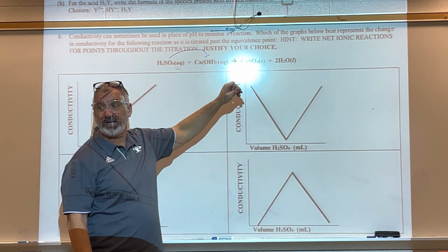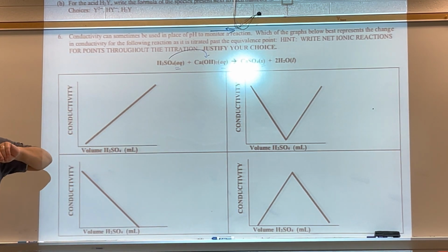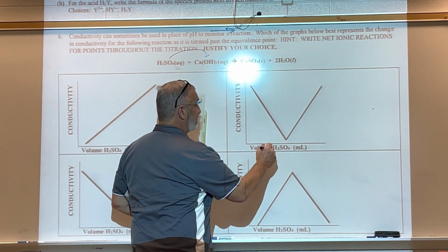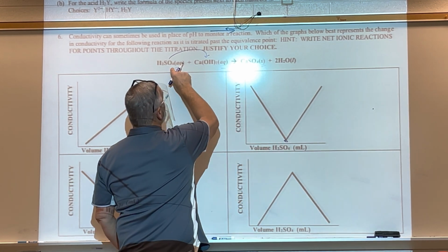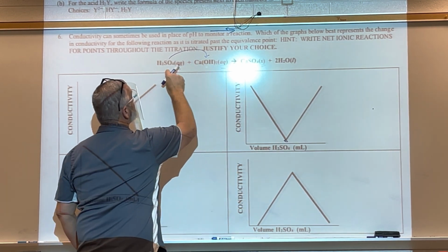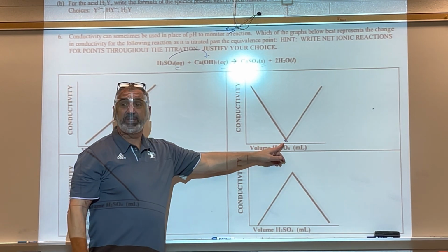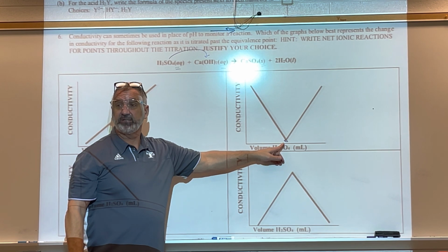So what's happening to the ion concentration as it's reacting? It's going down, until all of this is reacting with all of this, and there's none of this, and there's only that. So we get to near zero conductivity.